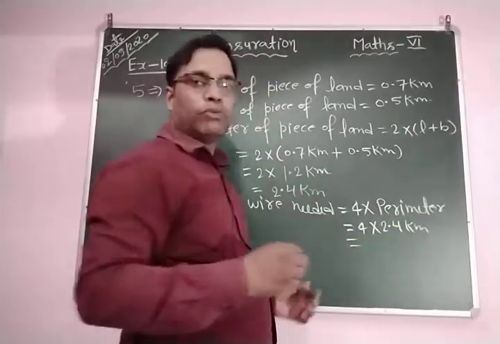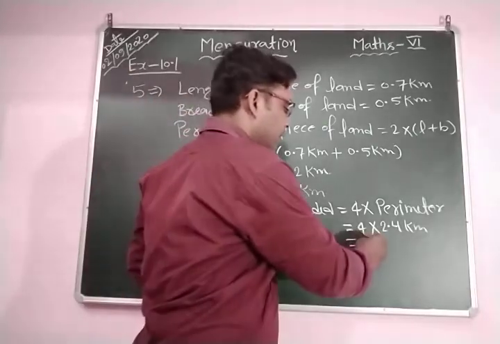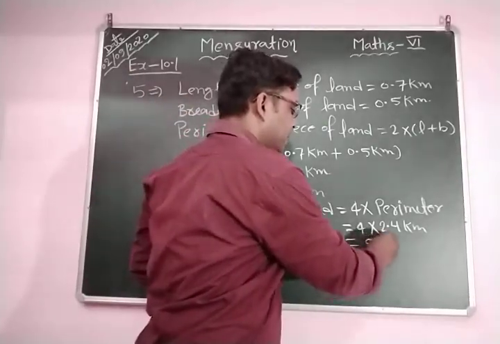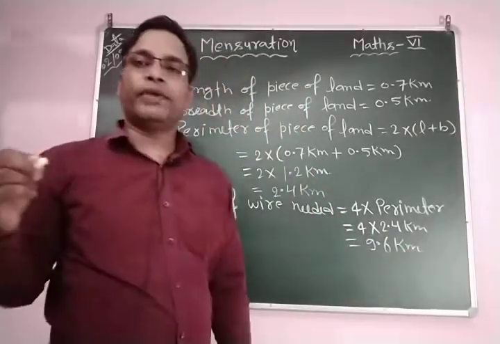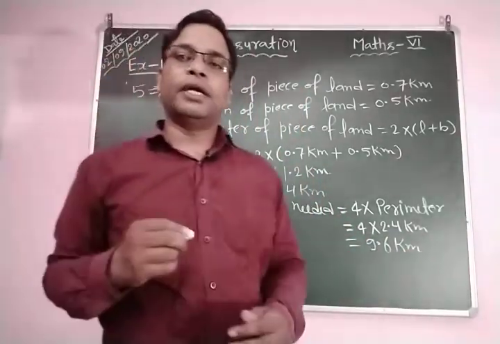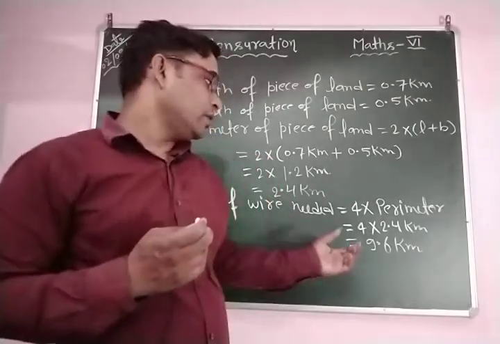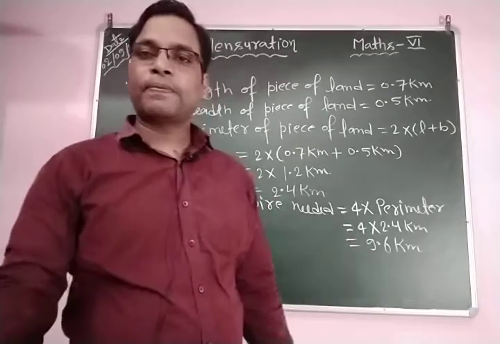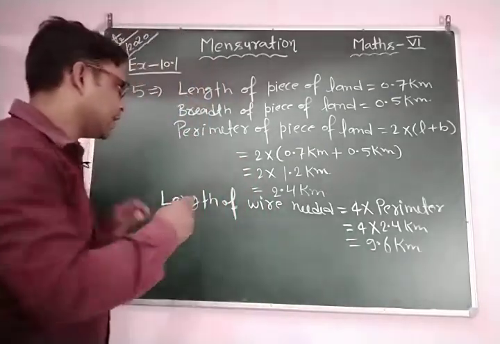If you multiply 2.4 into 4, you obtain 9.6 kilometers. The length of wire needed to fence the piece of land 4 times is 9.6 kilometers of wire. So you can see the figure of this question like this.